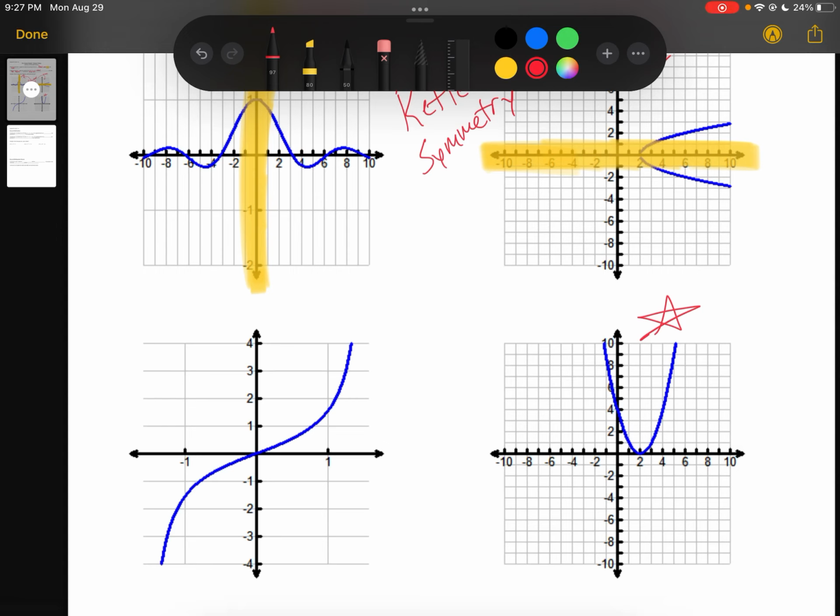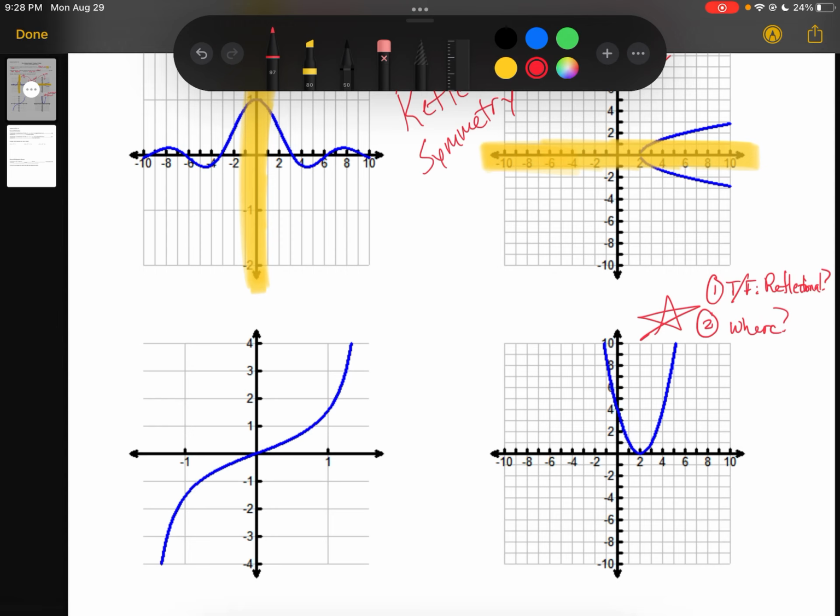What line is it being folded over on? So 2 parts here, true, false, reflectional symmetry. And then the second question is where, if it even has it. So I'll leave an option for that one. Maybe it doesn't even have it.